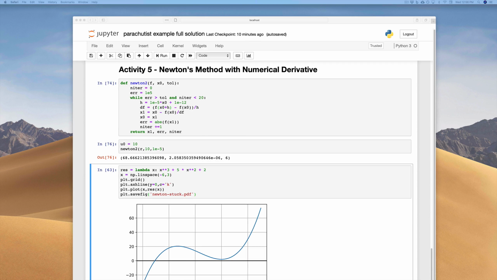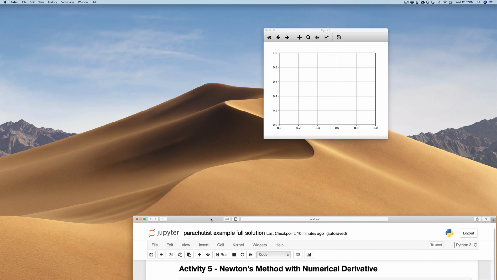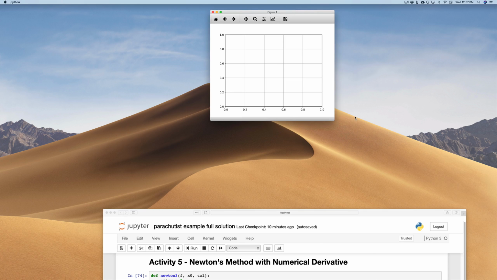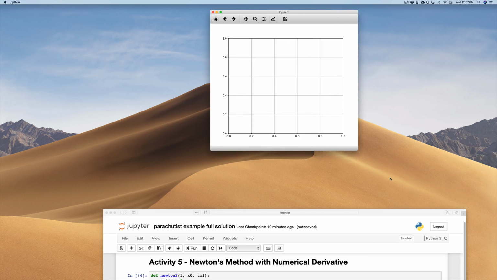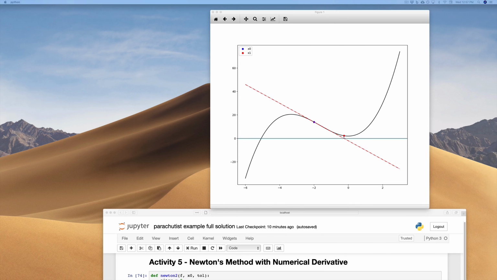Okay, so what I have here is a Python demo that I am going to run for you. This is a Python demo for this particular function, and I'm starting over here with a guess for the root at minus 2.